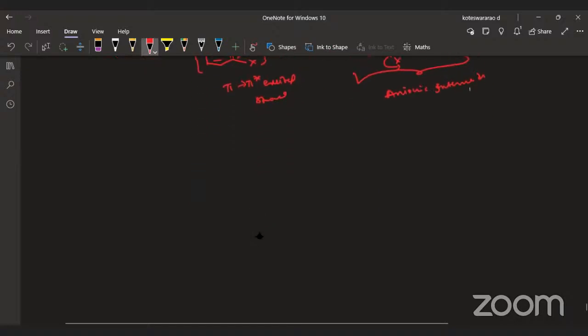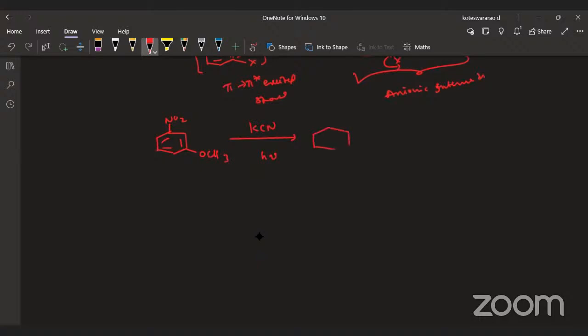Some of the examples: we take the same nitrobenzene derivative, but the substituent is changed to OCH3, whenever it is treated with KCN under photochemical condition. It leads to the formation of nitrile. This is up to 44% yield.